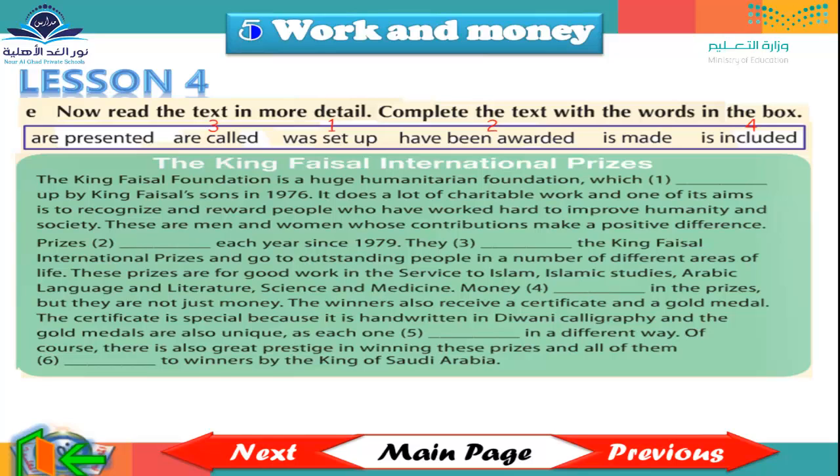As each one is made in a different way. Of course, there is also great prestige in winning these prizes, and all of them, the last one, are presented to winners by the King of Saudi Arabia.